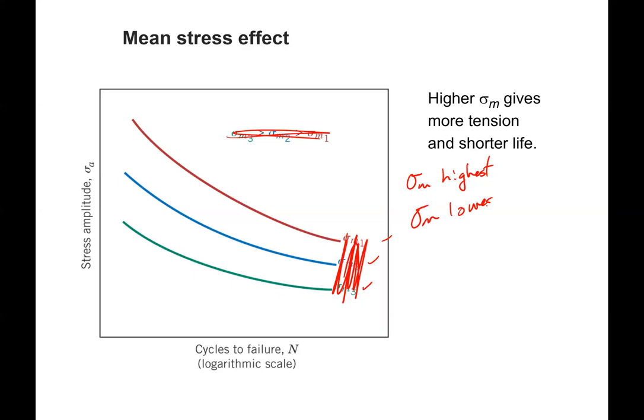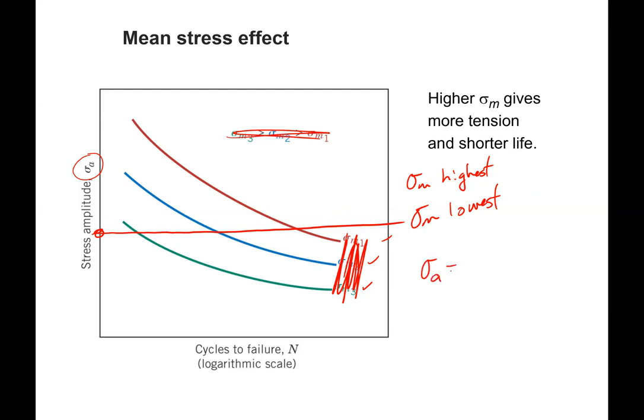and which one's the lowest mean stress. So what we can do is fix the stress amplitude. I'm just going to pick some value here that goes through all 3 curves. I know that line's not horizontal, but that's okay for what we're doing here. So we're going to pick a constant stress amplitude.